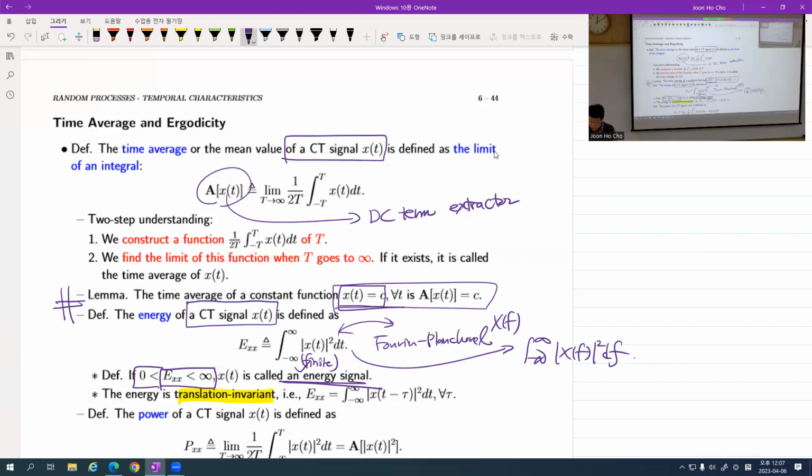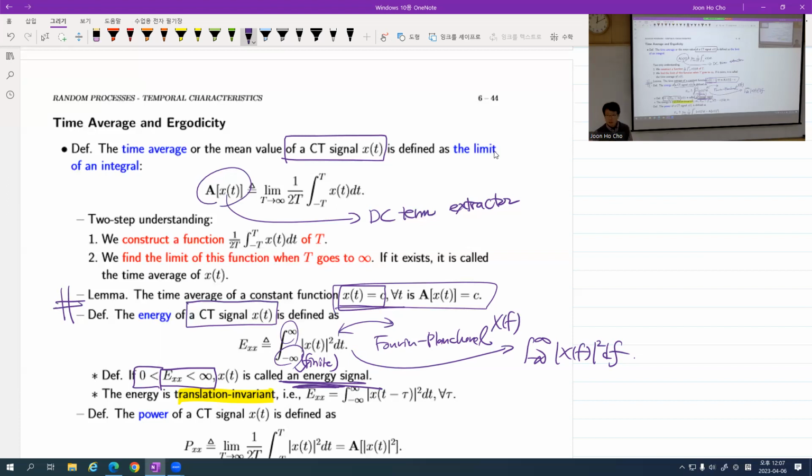And that function, unfortunately, is not a finite energy signal. Its energy is infinite. If you integrate over the entire period, suppose you have cosine 2 pi f0 t, if you square and integrate, what happens? It goes to infinity.